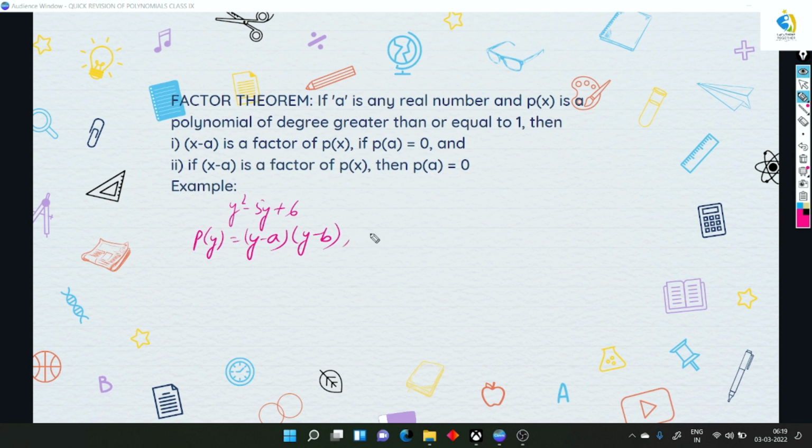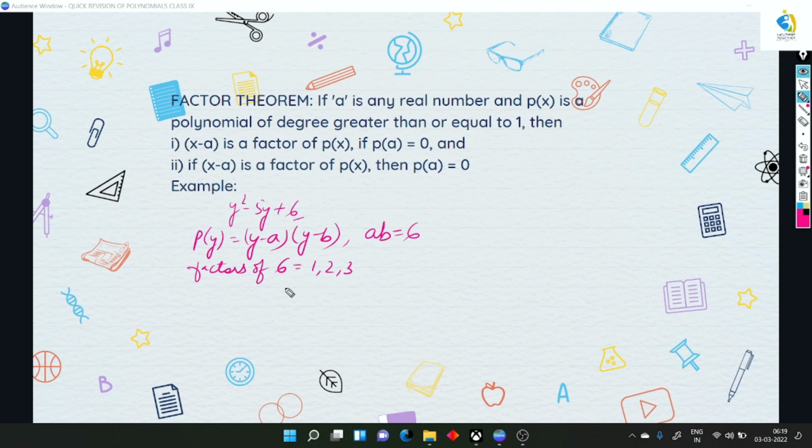And we all know that the constant term, that is this 6, is actually the product of a and b. So this ab is 6. What we have to do now? First we have to find out the factors of 6. Factors of 6. Okay. So factors of 6 will be what? 1, 2 and 3. Alright.